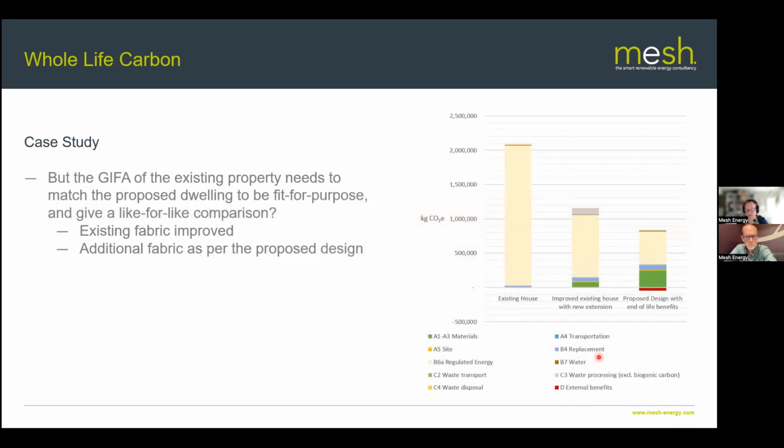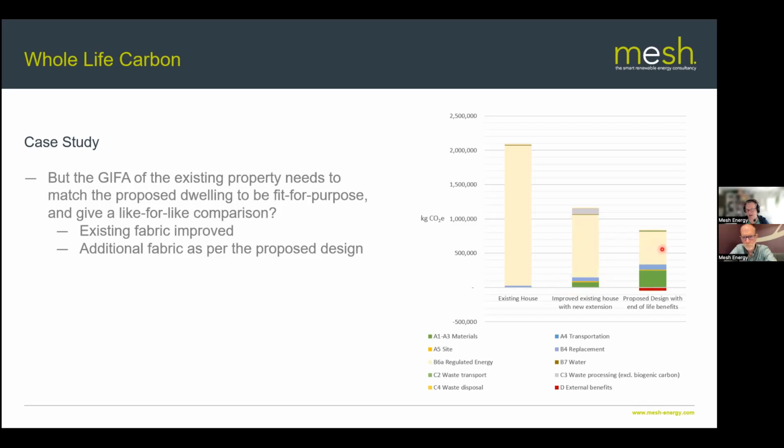So we end up with a picture more like this. We ended up with the existing house that's unchanged. We've got a lot more waste processing for the improved existing house with the new extensions. So the amount of A1 to A5 material and activity actually increases.